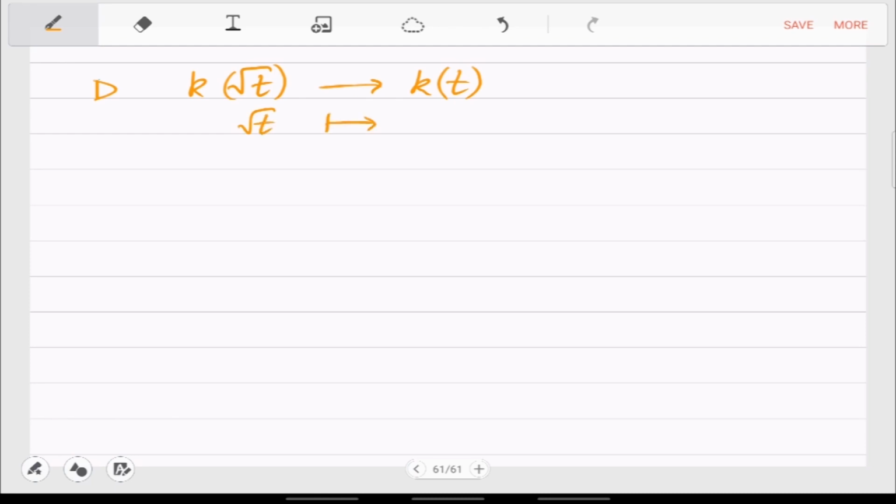The map goes to t, that's the only possibility. It is simply the association: you just associate square root t with t, just the formal derivation.